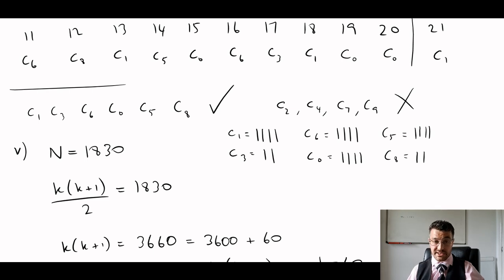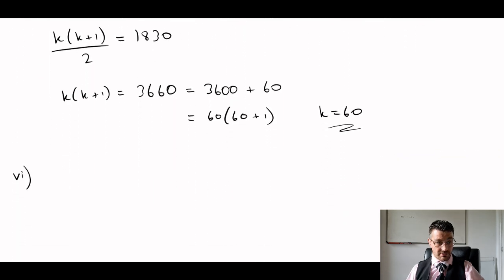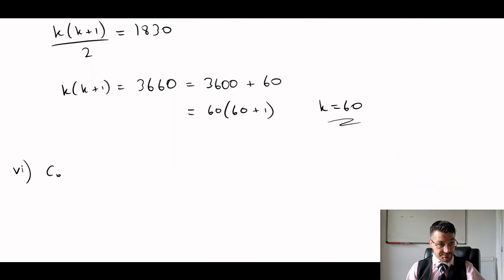Okay, so it's accounting for the possibility at least, and the actuality, as we see, that there is more than one child that receives the most sweets. There's actually 4. So it's C1, C6, C5, C0. So C0, C1, C5, and C6 all receive the most sweets.